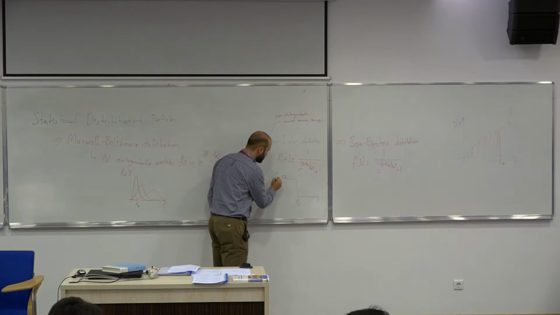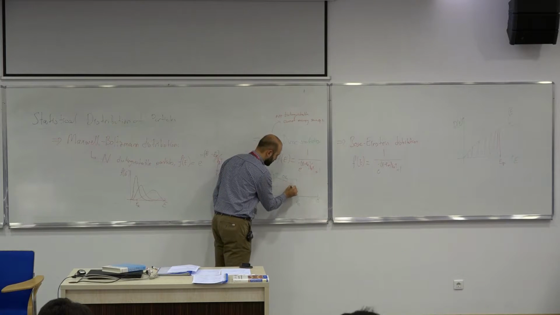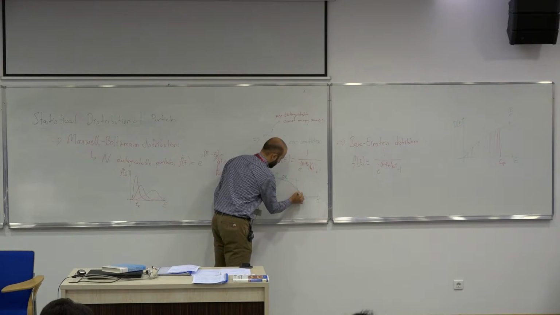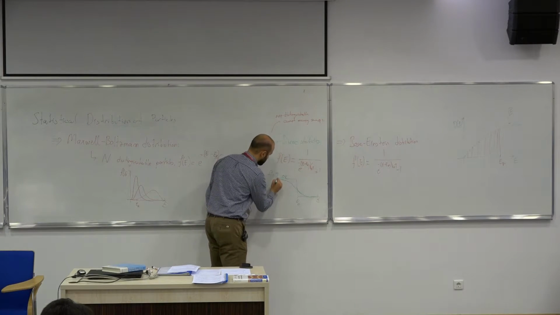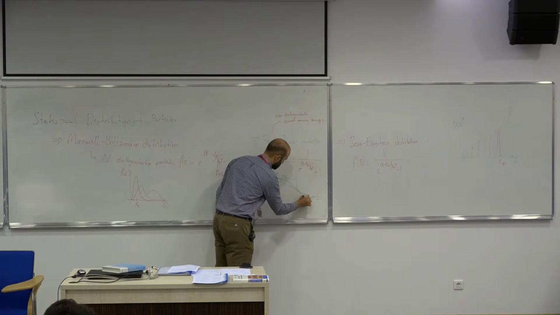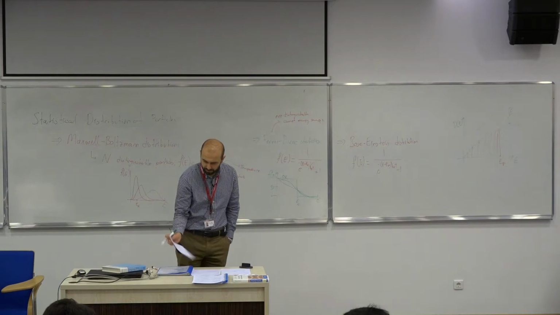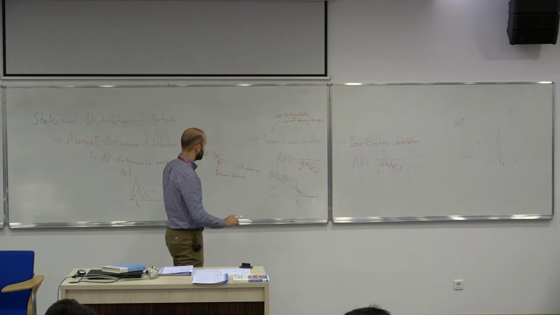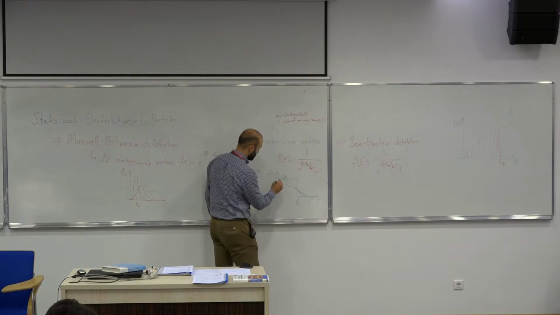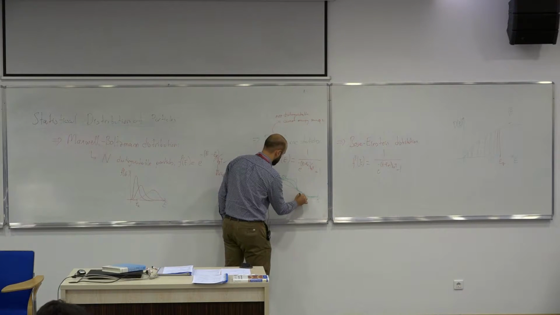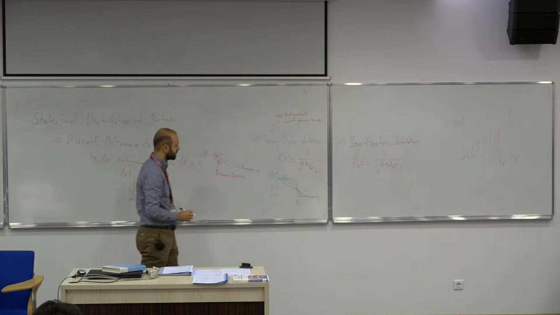Then as you increase the temperature, this function starts spreading out. I couldn't draw it nicely, but you can find better drawings on the web page. So perhaps I should draw something at lower temperatures.